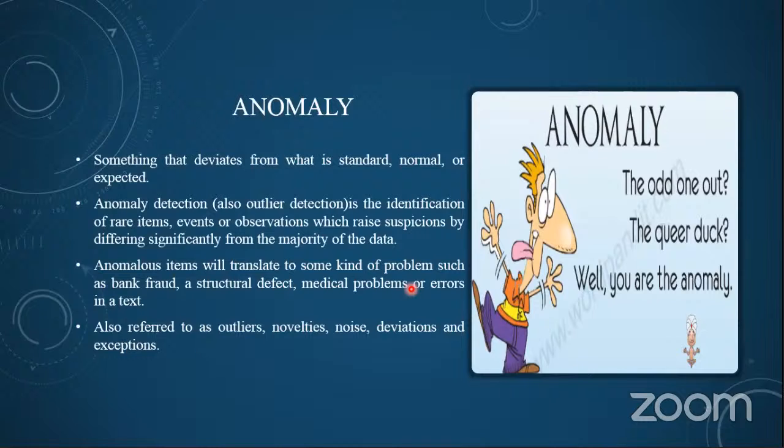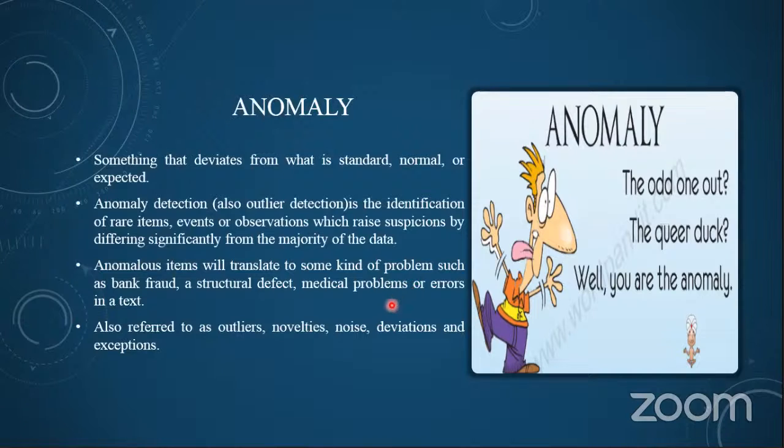In other words, it is the identification of rare items, events, or observations which raise suspicion by differing significantly from the majority of data. So an anomaly is something that deviates from the expected value, and in order to detect that, we call it anomaly detection.